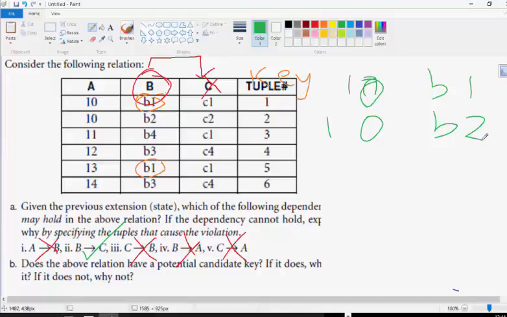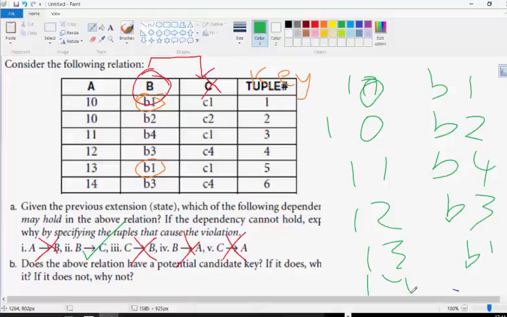Because the pairs were repeating, yes. Okay. So 11 B4 has never happened before. 12 B3 has never happened before. 13 B1, never. 14 B3. They've never happened before. That means that combining A and B is also a possibility for my key.